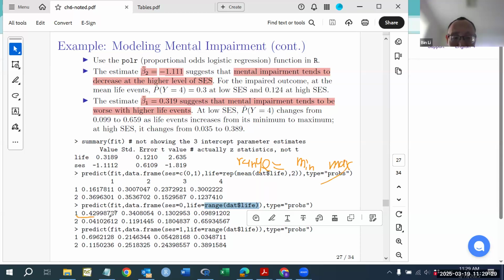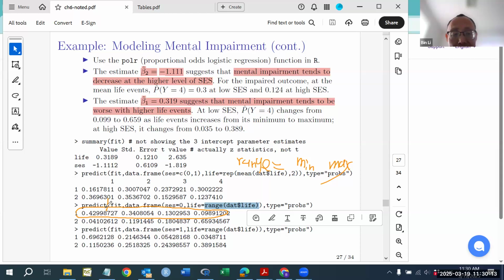So the first row here is showing the probability for the subject that is well for the mental impairment, with the SES is 0, the low socioeconomic status, but the life events index is the minimum. That means that person has not had many major life events.